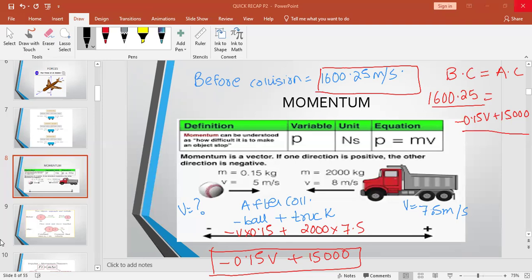That is 1602.5. Okay. Now do the calculation quickly.